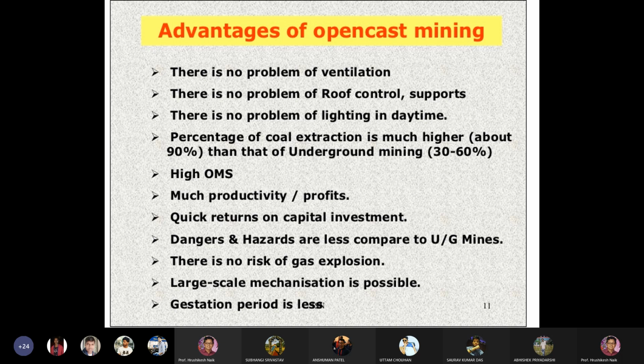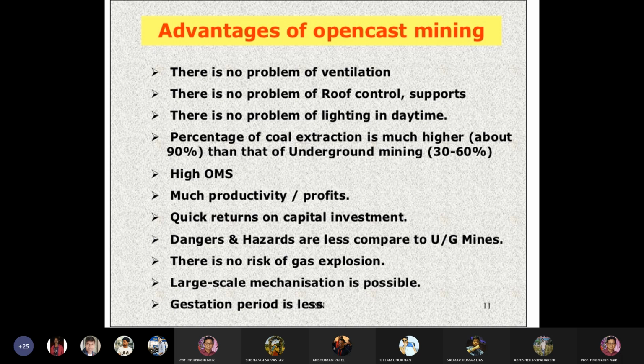In open cast mining, there is no problem of lighting. You can work in the daytime. There is no need of any light in open cast mining. Daylight, the sun's light, is available to work the whole day.